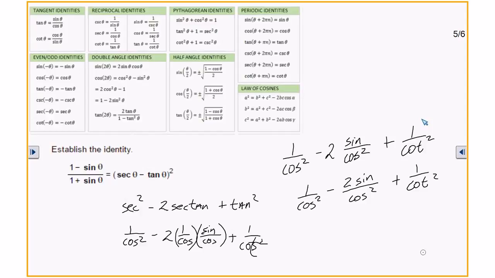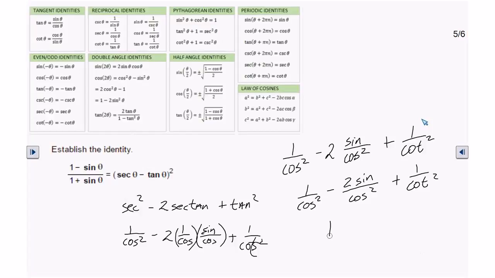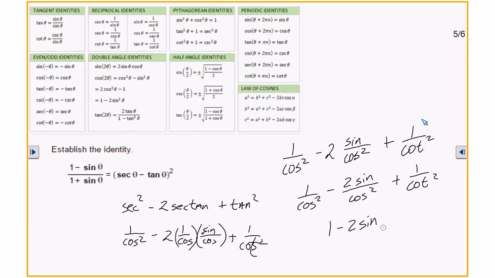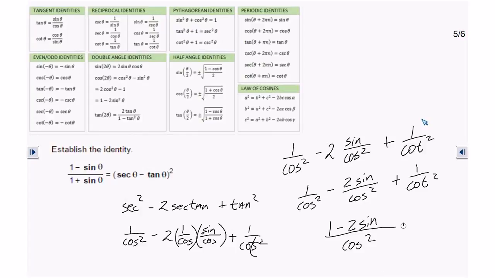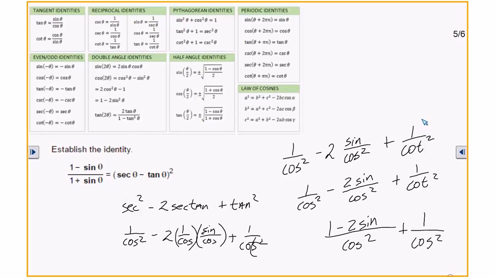Now, this right here will give us 1 minus 2 sine over cosine squared plus 1 over cotangent squared. Gotta do it again. And that doesn't look good. So we need to start over. So doing shortcut number 2 does not work.